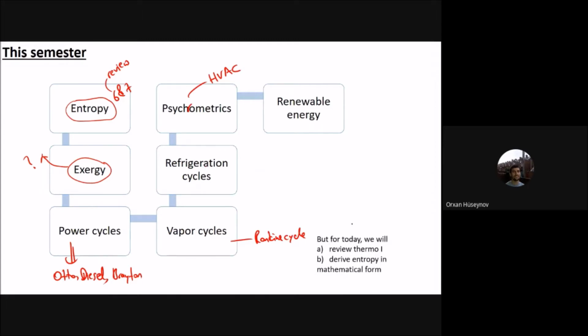So for today, we will review thermodynamics 1 and derive entropy in mathematical form. These are the two important steps for today. In thermodynamics, if you know three words, they are energy, equilibrium, and entropy. These are the main important topics in thermodynamics.